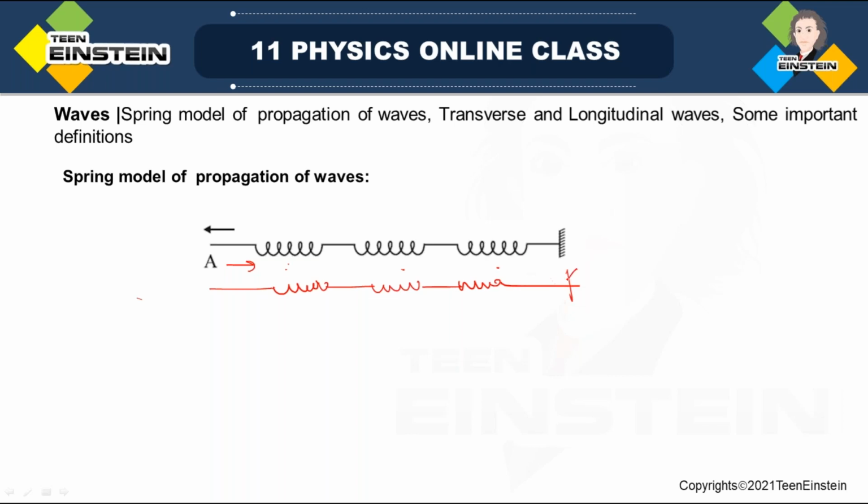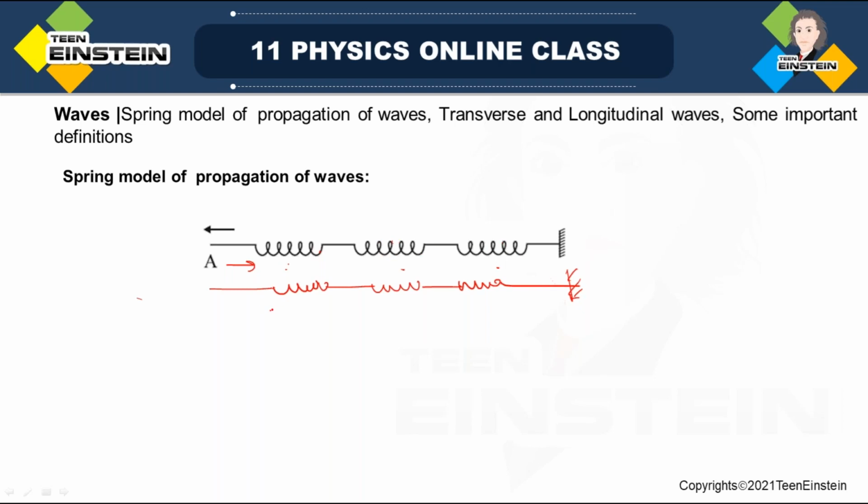Since this is a collection of springs which are attached to each other elastically, whatever stretch or compression you make with the first spring, the same disturbance will be seen in this.